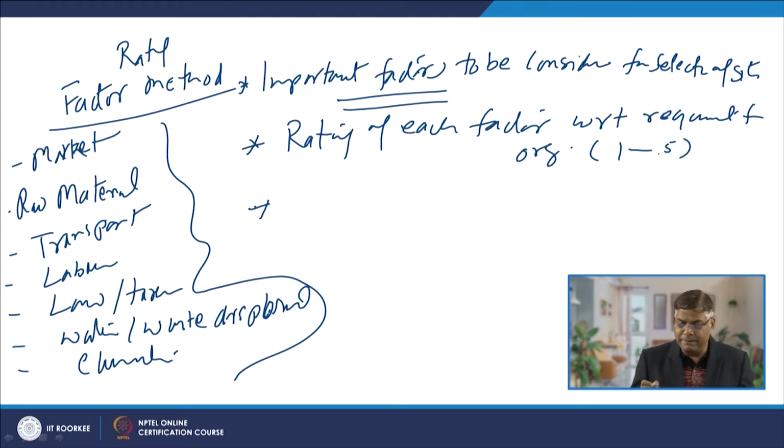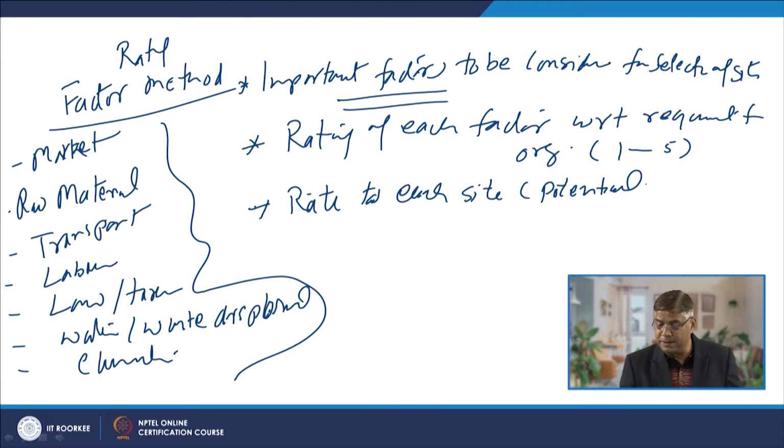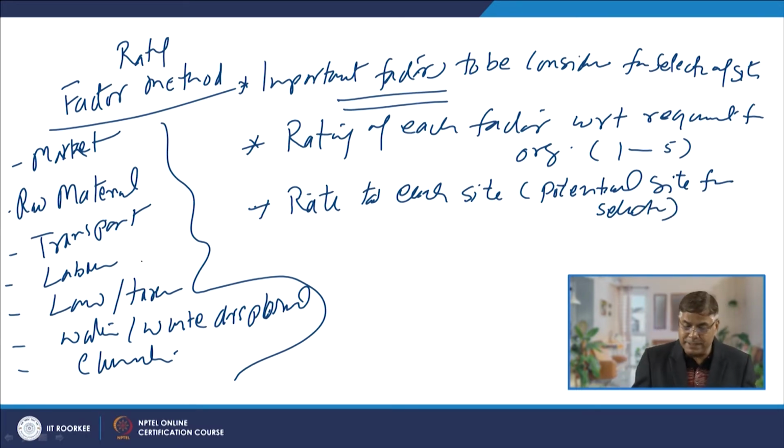And after giving the rating to each of the factors, we then give a rating to each site, each potential site which is being considered for selection. Each potential site is again rated for each of these factors, and that is done on a scale of 1 to 10.